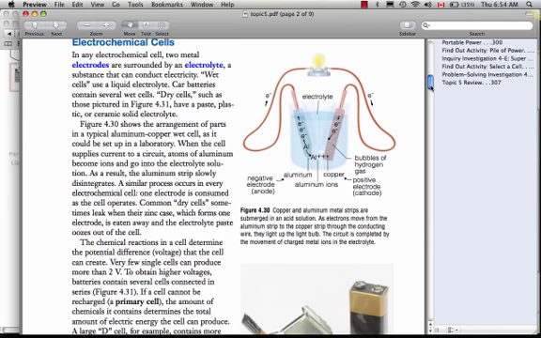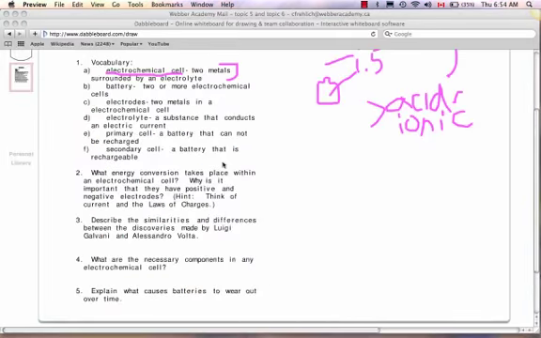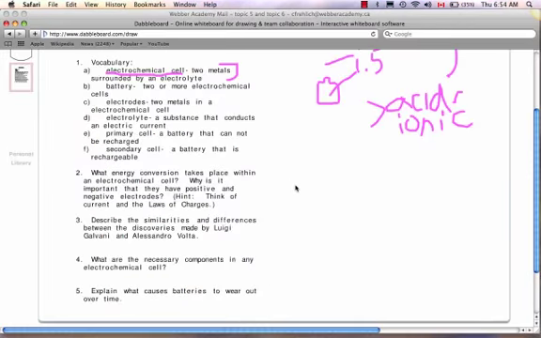And so the input energy in an electrochemical cell, of course, is chemical, and the output in our case would be electrical. So pretty simple energy conversion. So chemical to electrical.